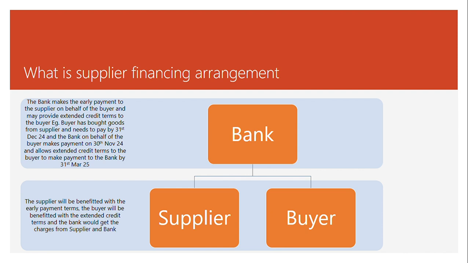To give an example, the buyer had to make a payment to the supplier on 31st December. The bank makes the payment to the supplier on 30th of November, and the buyer makes the payment to the bank on 31st of March. So he gets extended credit terms. This is the effect of the supplier financing arrangement.